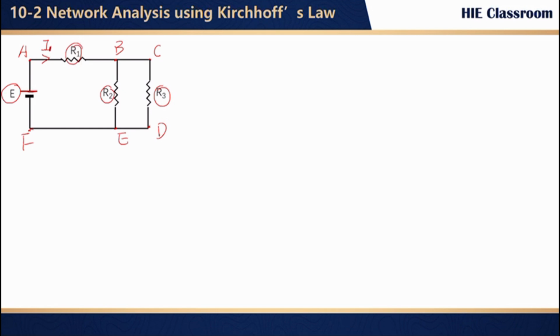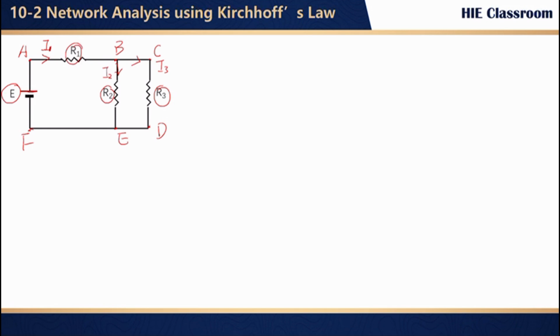Once the current comes into node B, it will split into two branches. One goes in this direction through R2, and we call it I2. The other goes in this direction through R3, and we number it as I3.